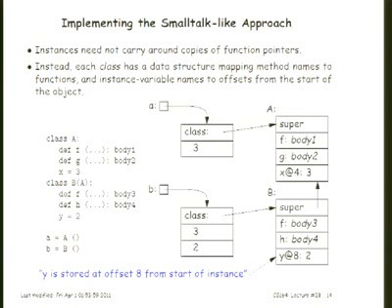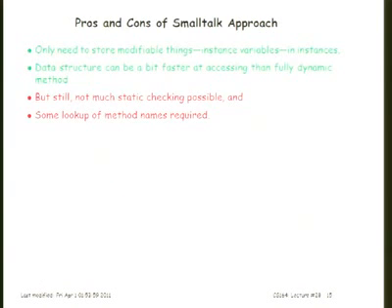And the thing about this is that the only things that we need to store in the objects, aside from the pointer to the class, are the things that can be modified, the things that can be changed in that object, which are the instance variables. And it may be a little bit faster than accessing the fully dynamic thing because the class things have fixed size at any given time.